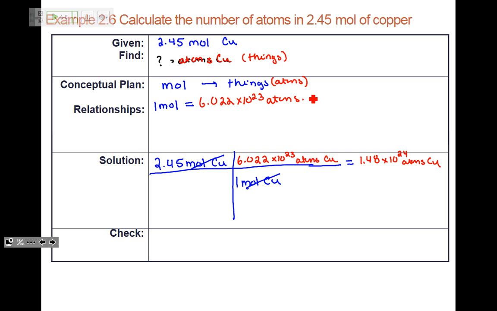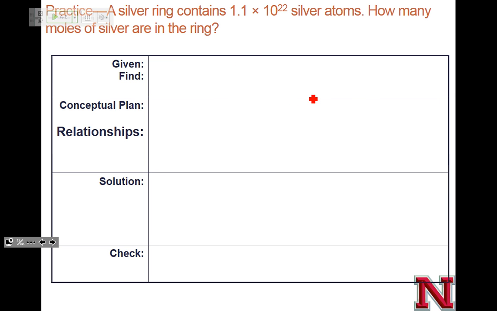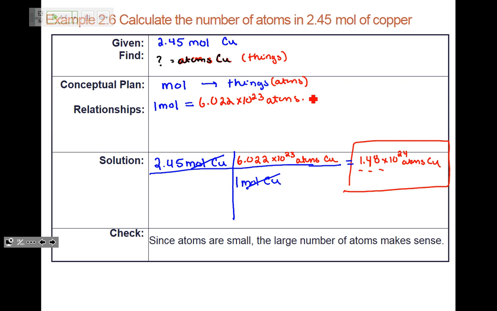We have 3 significant figures for our moles of copper that we were given, so our answer should be in 3 significant figures, and it is. Also, our check: we know atoms are small, so a large number of atoms makes sense, because, of course, they're really small.